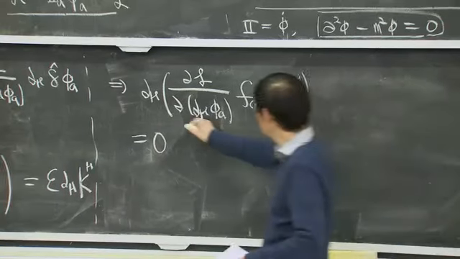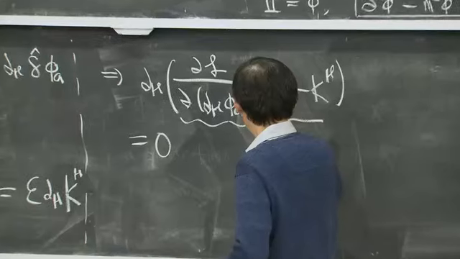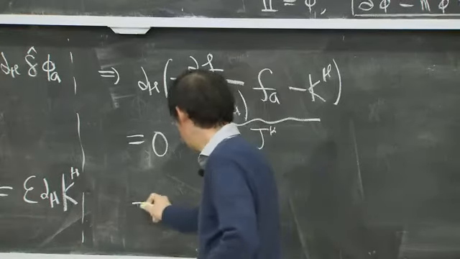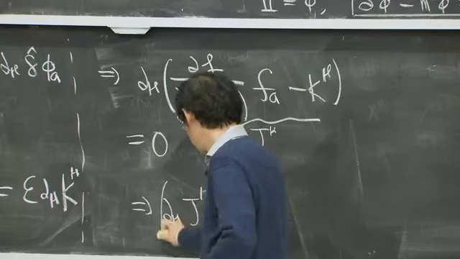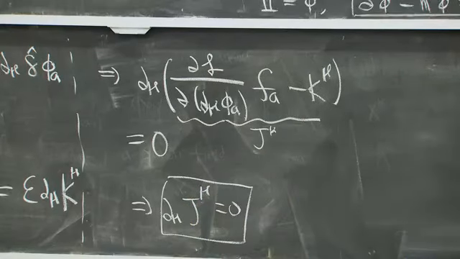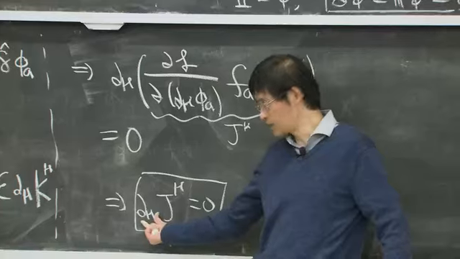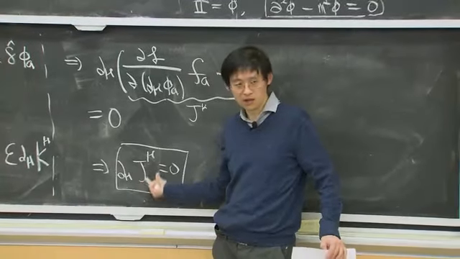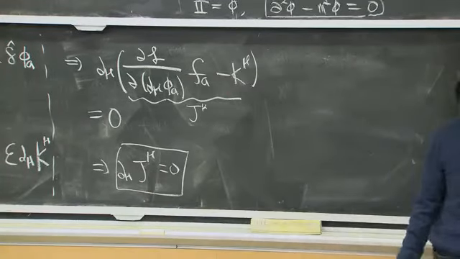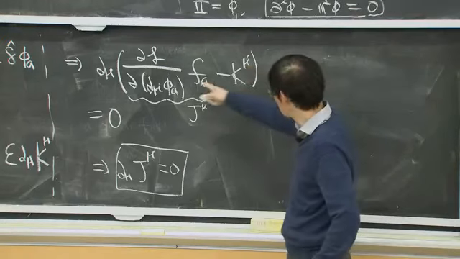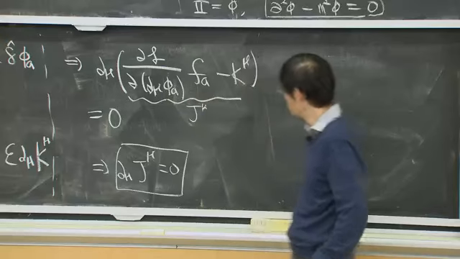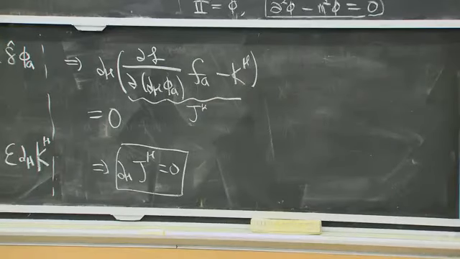If we call this J mu, then we have a conservation equation, partial mu J mu equals 0. So we have a conservation law. Remember, a conservation law is just a vector which satisfies this equation. More explicitly, J mu is just this combination. Any questions on this?